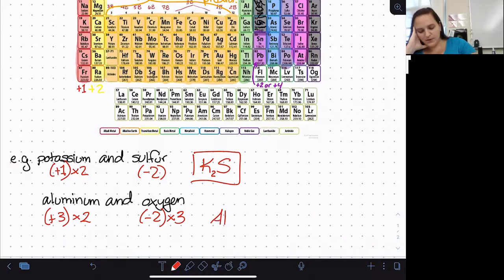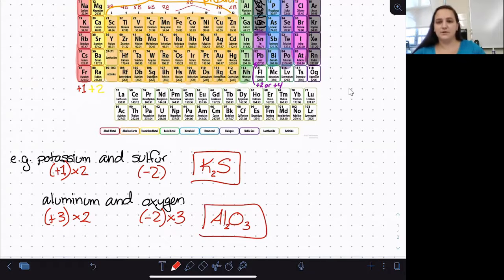So writing our formula, cation first, anion second, we'll have 2 aluminum and 3 oxygen. So our formula is Al2O3.